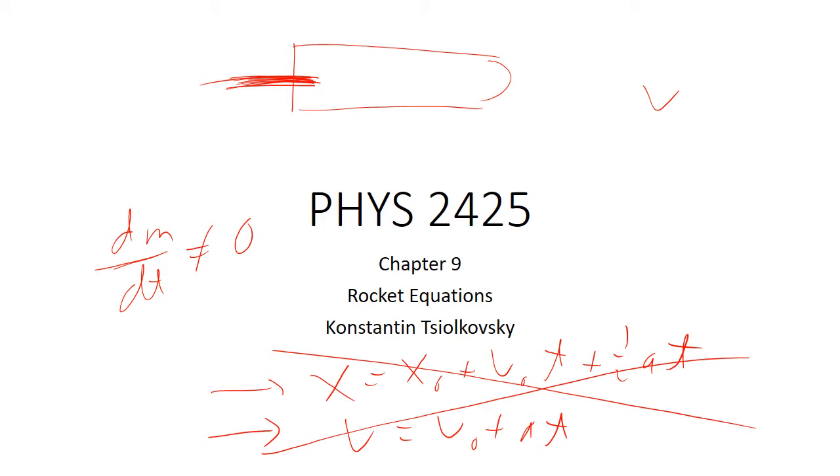And clearly, if the exhaust velocity is constant, so that minus dm dt v_e is constant, then that means that the mass is changing and the acceleration cannot be constant.